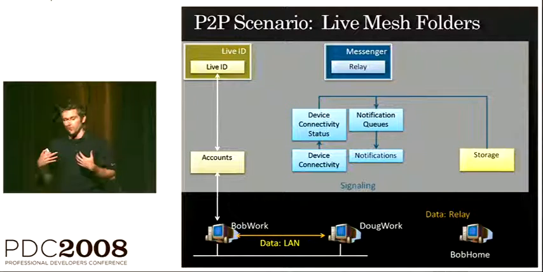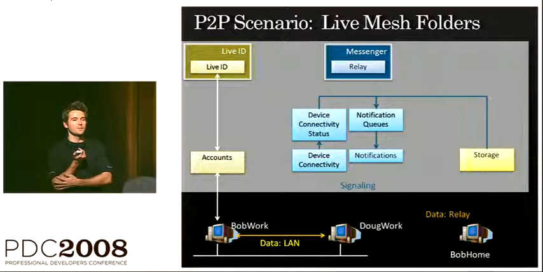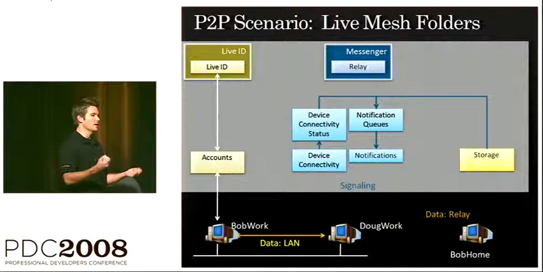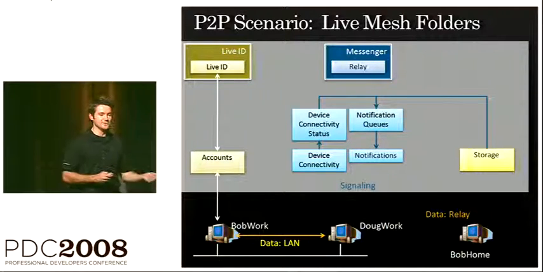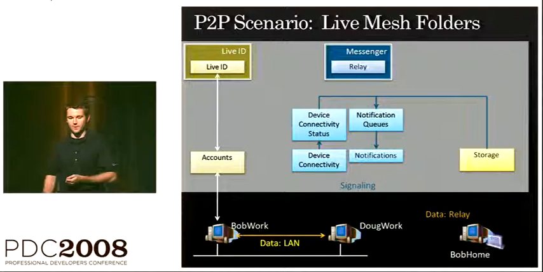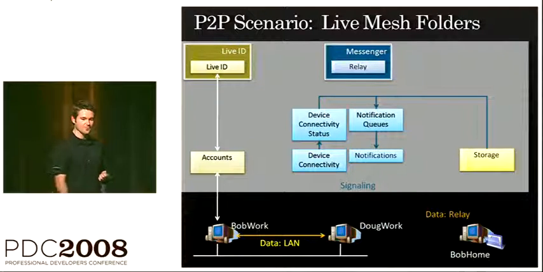So let's show an example of what this interaction looks like. Specifically, I'm going to talk about Live Mesh folders, and how the peer-to-peer data transfer works for Live Mesh folders, and the interaction from one device to another device. So let's start with, on Bob's home machine, we'll create a live folder. That's our famous blue folder that gets created on his home machine.